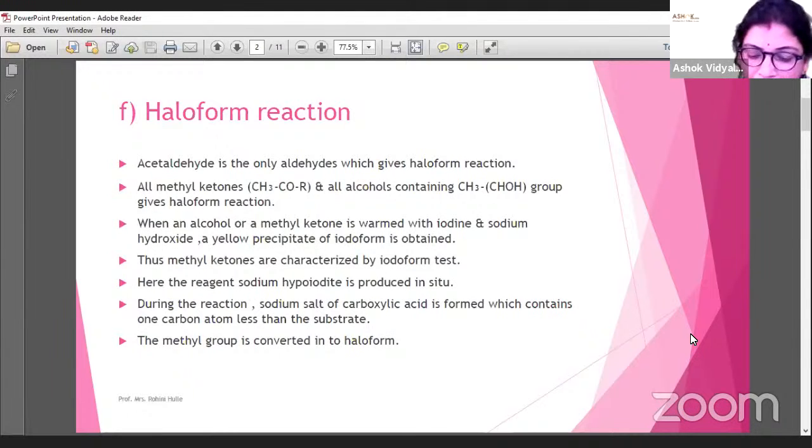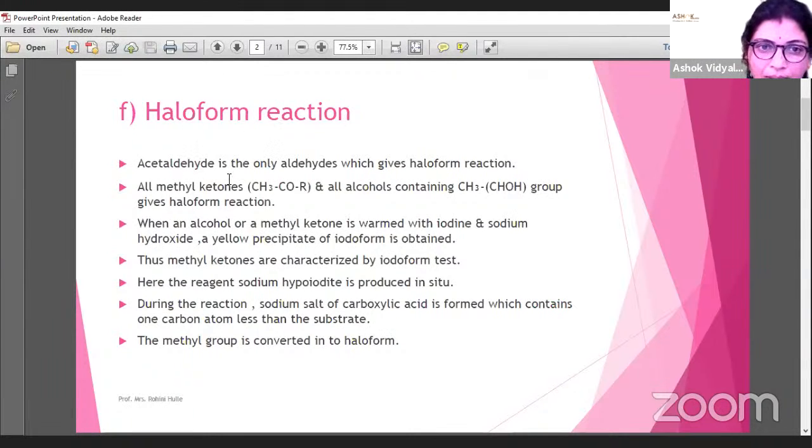Now we'll take different types of reactions. These are the nucleophilic reactions, the chemical reactions of aldehydes and ketones with nucleophiles. In that we'll see the haloform reaction.